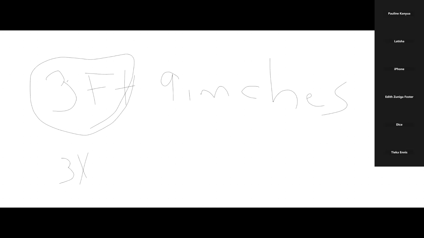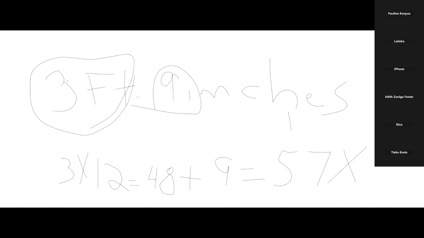And then I have an additional 9 inches because the baby's 3 foot 9 inches. So 48 plus 9 should equal 57. And then I have to multiply that times my centimeters per inch, which is 2.54.